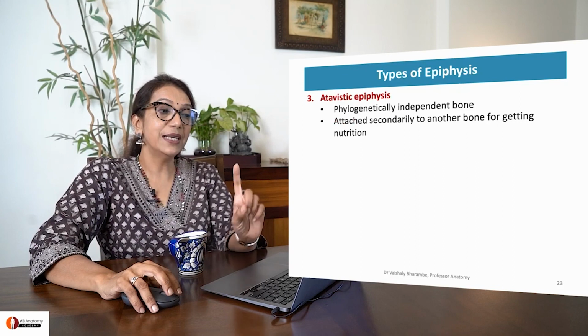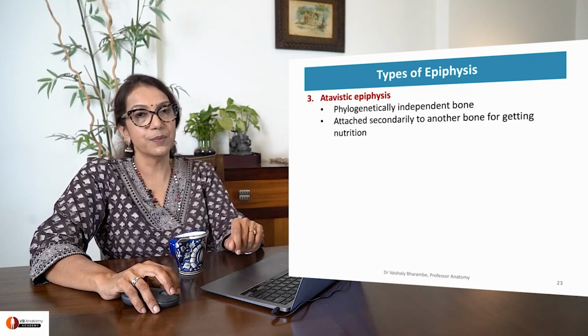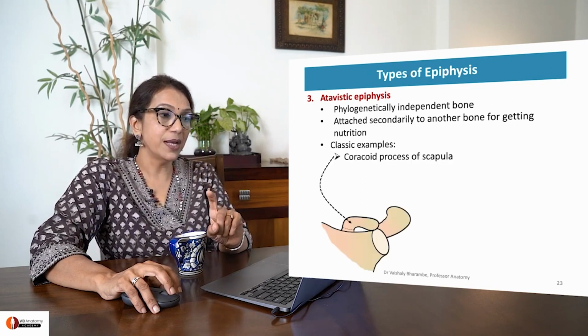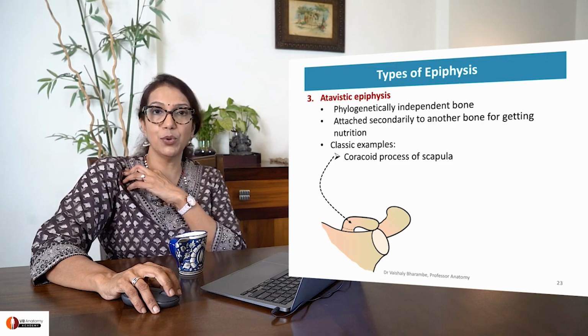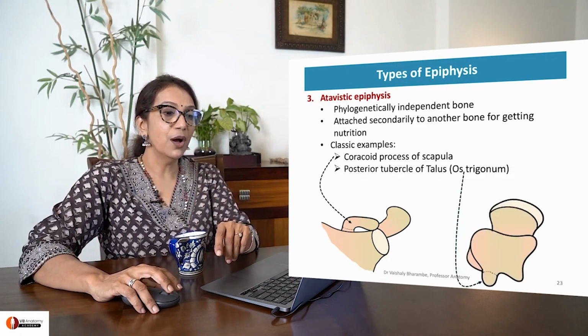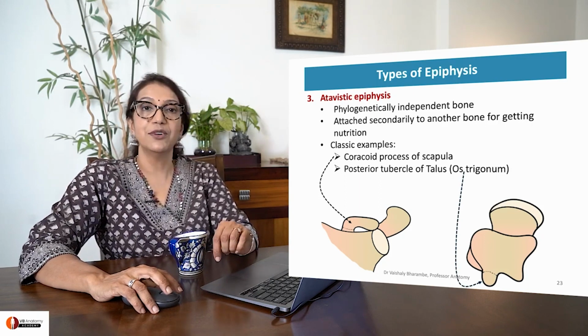So, attached secondarily to another bone for getting nutrition. Listen carefully. Two examples. One is the coracoid process of scapula. By now you should know how to palpate your coracoid process. Or the posterior tubercle of talus, also called os trigonum.